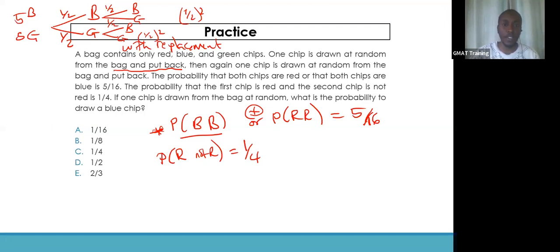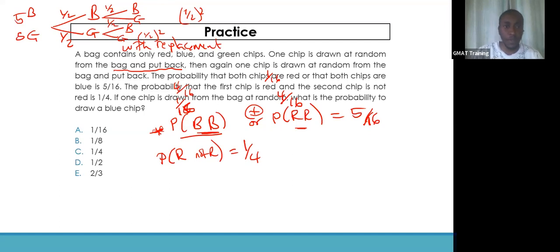So we can say either we have 1 over 16 plus 4 over 16, or the other way around, 4 over 16 plus 1 over 16. Since you already know that this will be a perfect square and this will be a perfect square, the only way you can have that is 1 and 4, since you can't have 2 and 3 or 3 and 2. See, it's already 1 or 4 or 4 or 1.